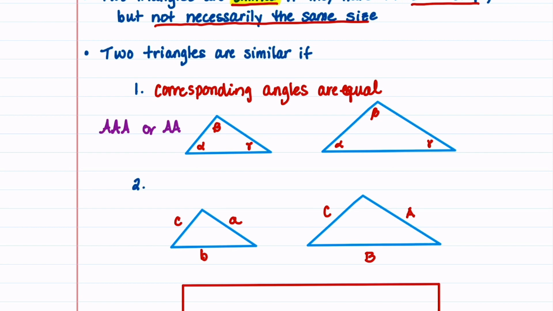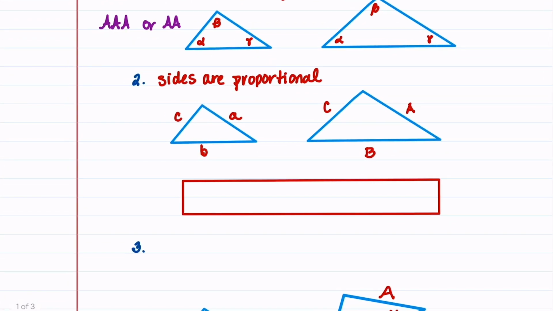The second way two triangles are similar is when their sides are proportional. The way that we would write this mathematically is we would say that a is to b as big A is to big B. That means those sides are proportional.